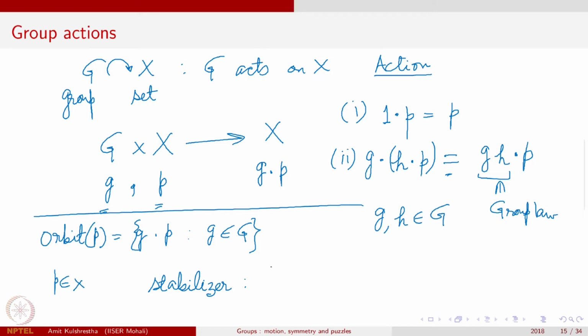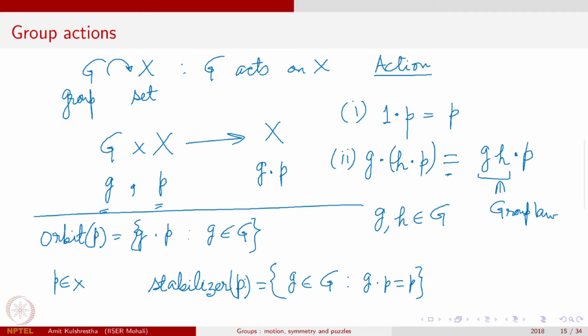So, stabilizer for a point P is the collection of all those elements of the group, that is all those g in G, such that g does not move P, that is g dot P is simply P. All those elements of the group which fail to act on P in a non-trivial fashion, that is called stabilizer.